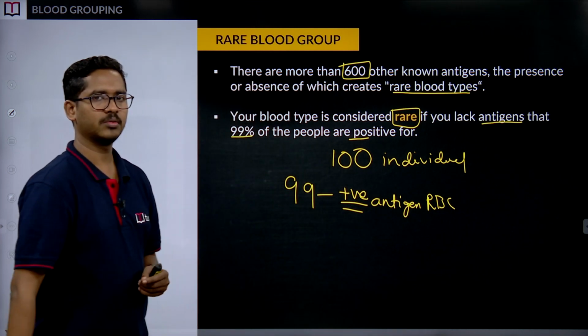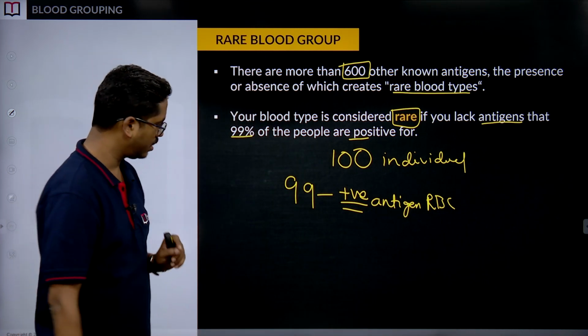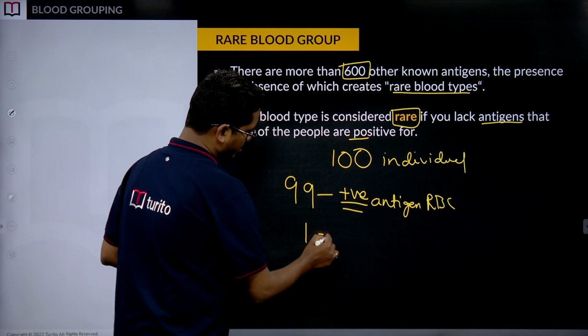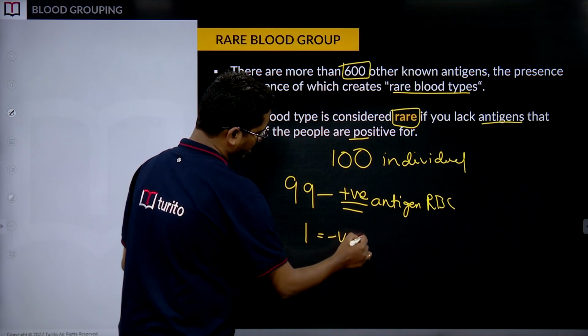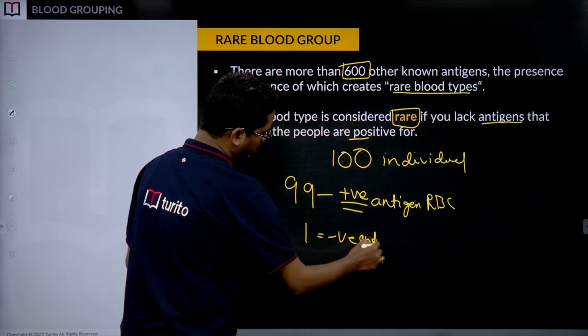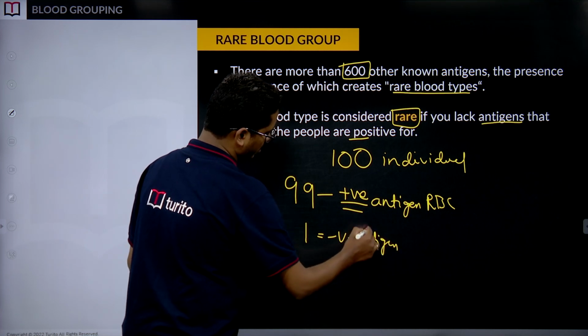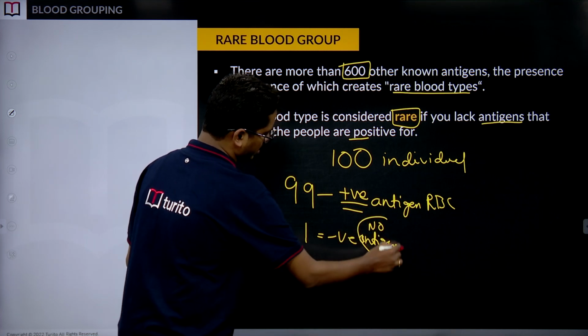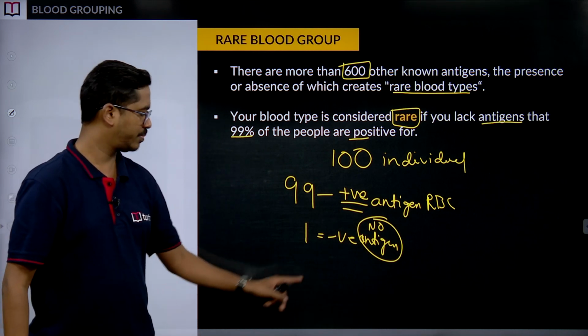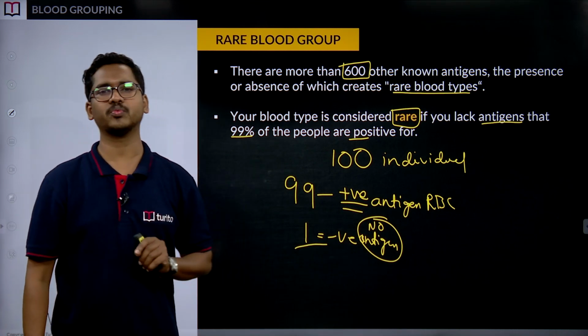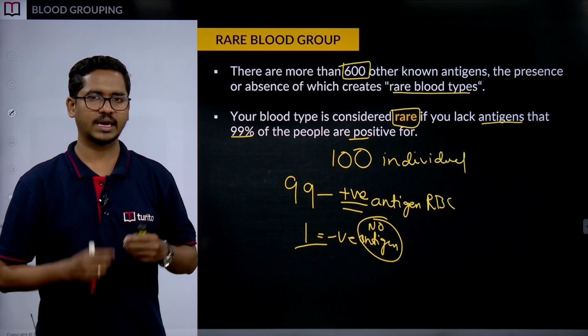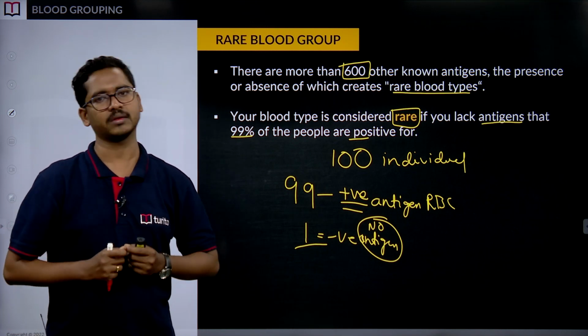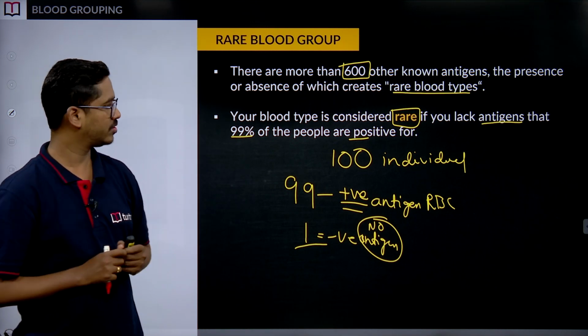But there is one individual, the person is not having that antigen. So, negative antigen, in the sense no antigen, then that one person's blood group can be considered to be rare. Hope you understood this time, right.